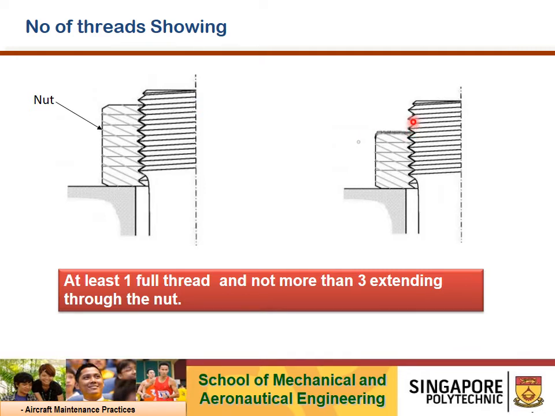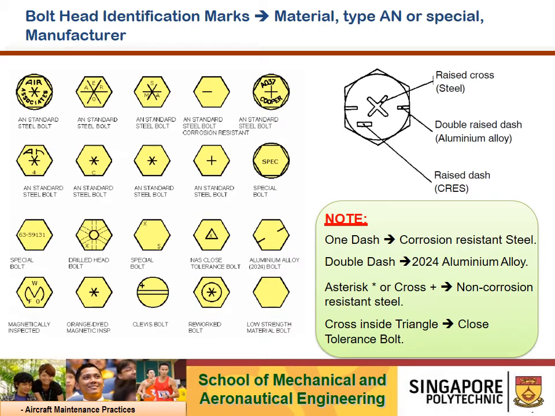If you have more than 3 threads, you want to control it by using washers. So these are the bolt head identification marks for AN or special manufacturer. You don't really have to remember all the identification, but let's talk about something very interesting. This type of triangle with an X is a NAS close tolerance bolt. What's so special about these bolts is the precision finish, like close tolerance.